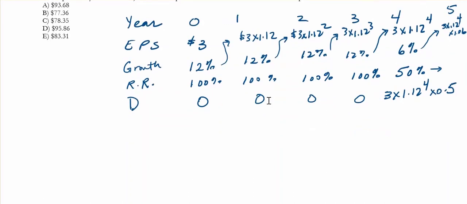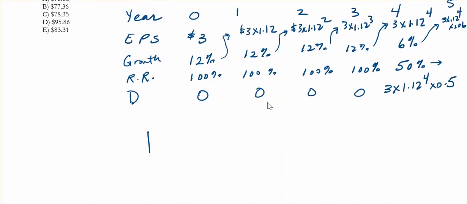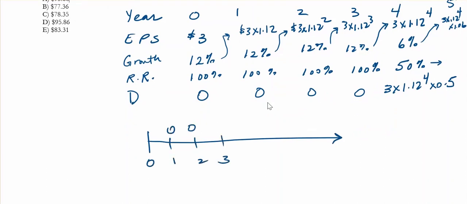Now, on the timeline, it will look like this. No dividends for 3 years. In year 4, the dividend will be half of what the earnings per share were in year 4.